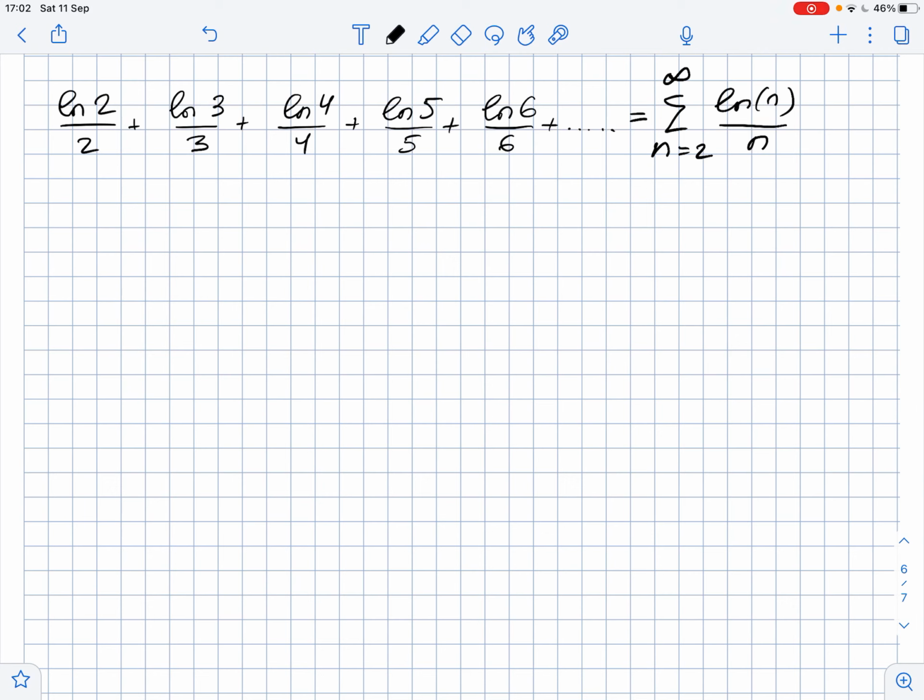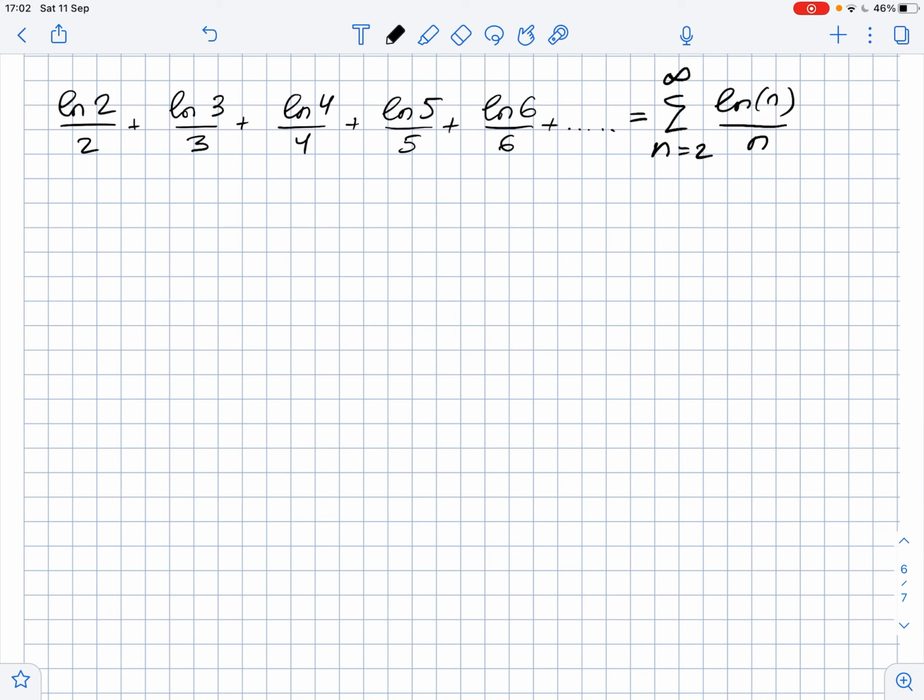Before getting into the integral test, we must assure two things. For the integral test to be applied to some series, we must have a_n be greater than 0 for the given interval, and f of n must be decreasing on the same interval.